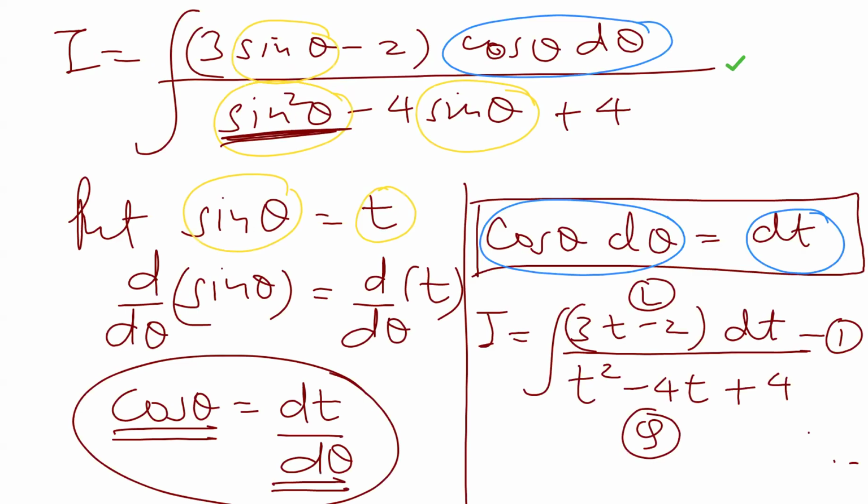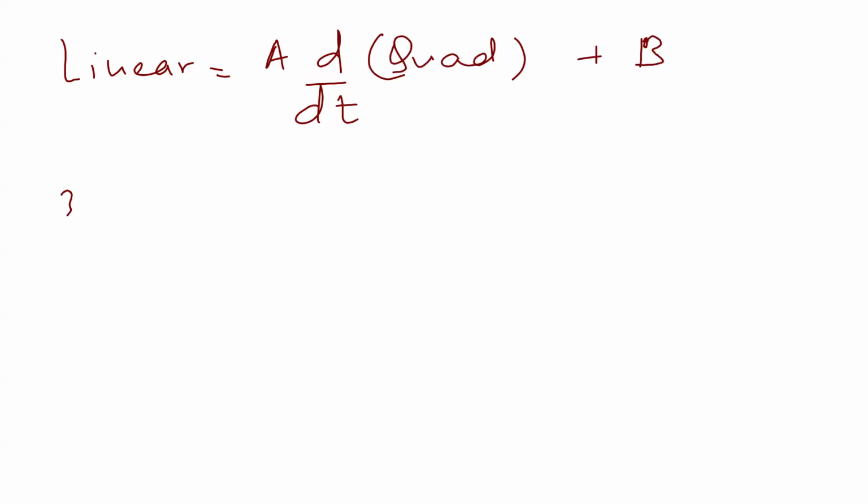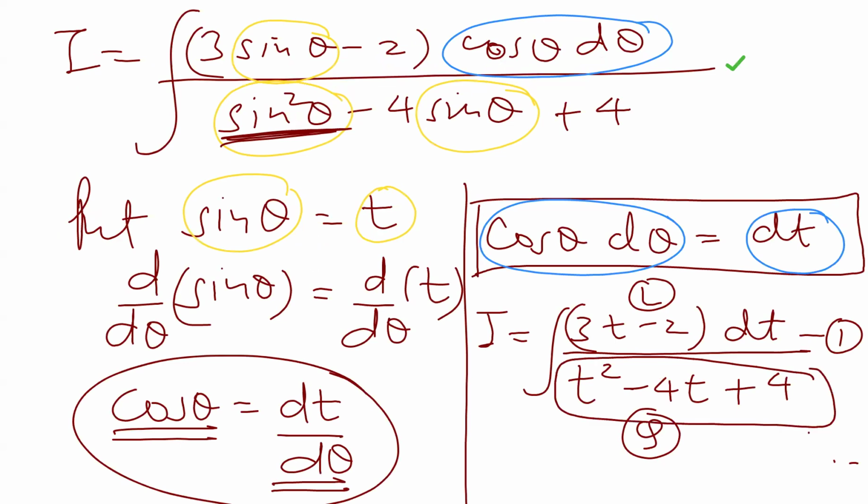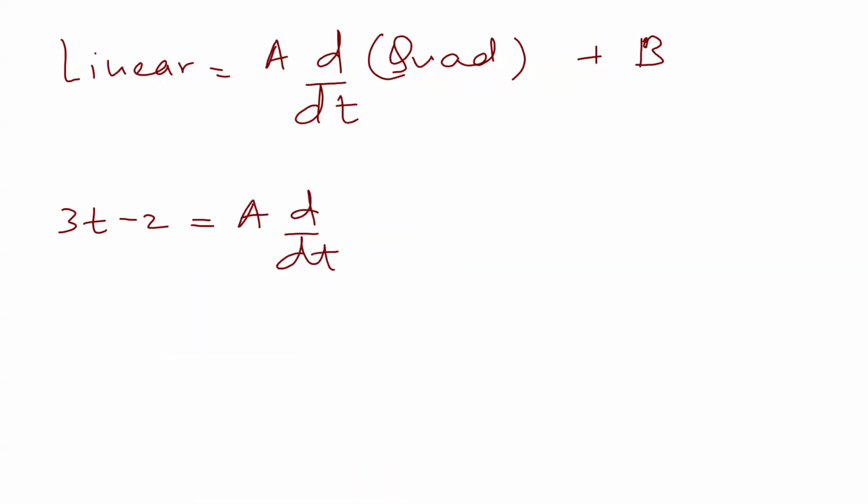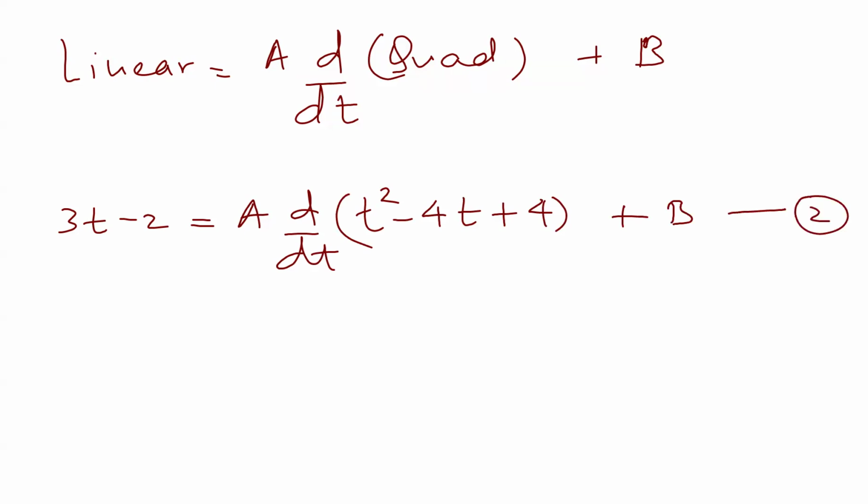Now what is the linear term? The linear term is 3t minus 2, equal to a into d by dt of quadratic. The quadratic term is t square minus 4t plus 4, plus b. After the derivative, whatever we get, that will be equation number 2.